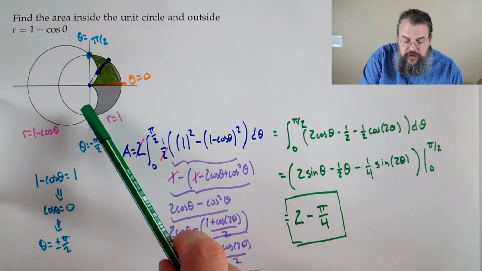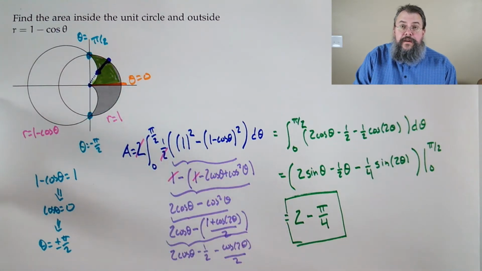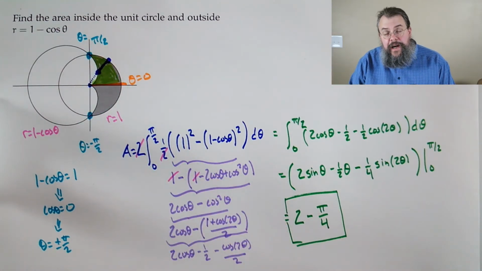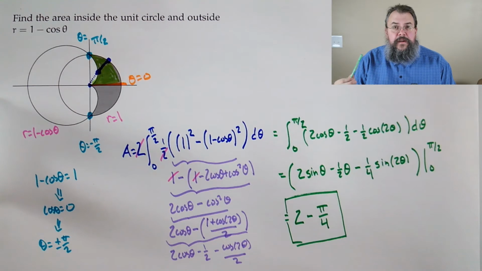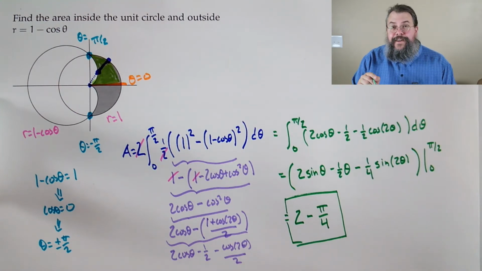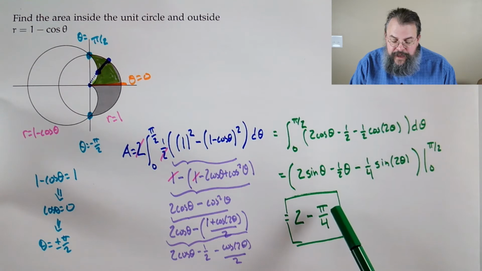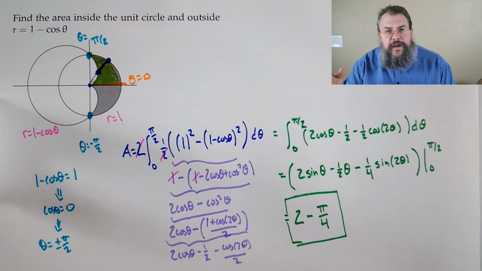Notice if we just took the half circle, what would that area be? Well, the whole circle would have area pi. Half a circle would have area pi halves, about 1.57. So this better be smaller than 1.57. And the good news is, if you take pi over 4, that's 0.75 something, I think 0.76.